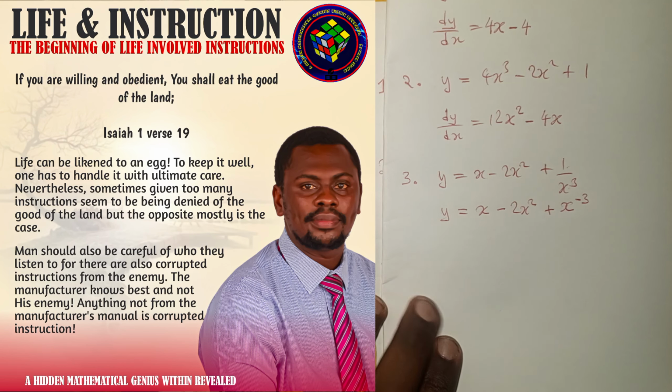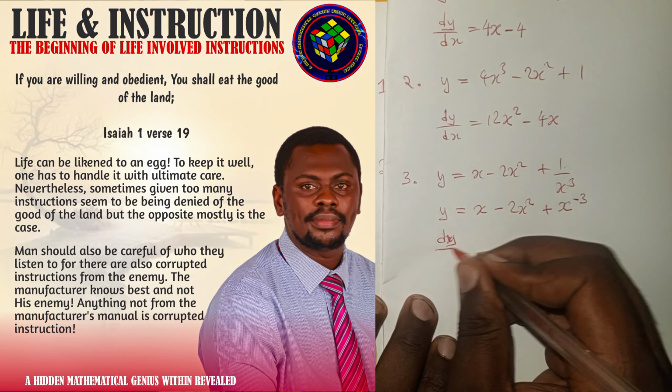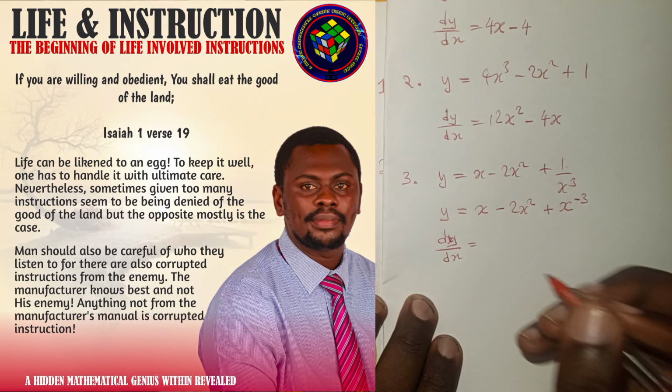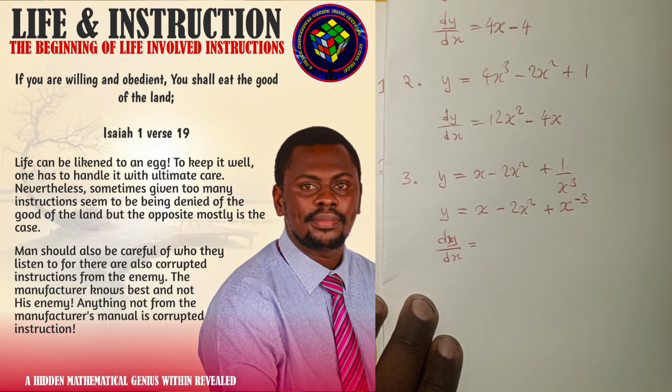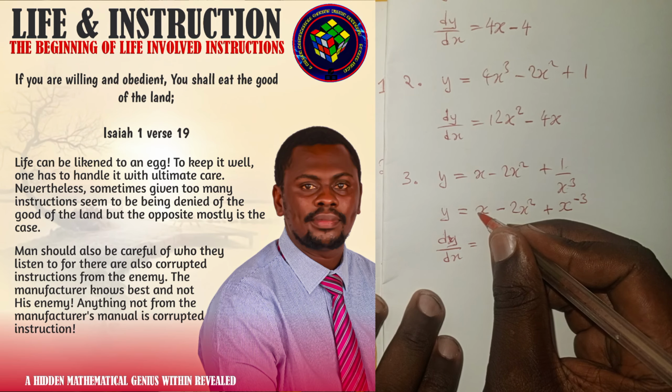Okay, then we find the derivative. So we'll say dy dx is equal to, the derivative of just a variable is always equal to 1. Derivative of x with respect to x is equal to 1. Why is it 1? This is power 1 and the coefficient here is 1.